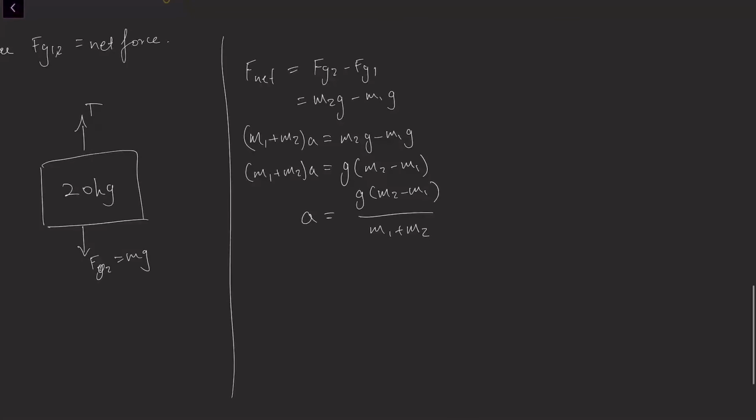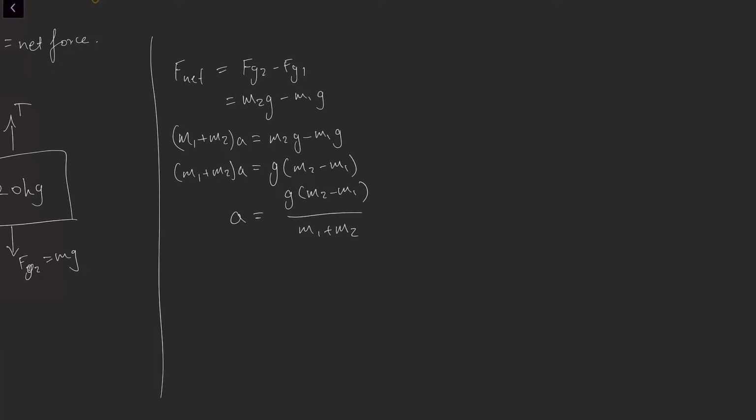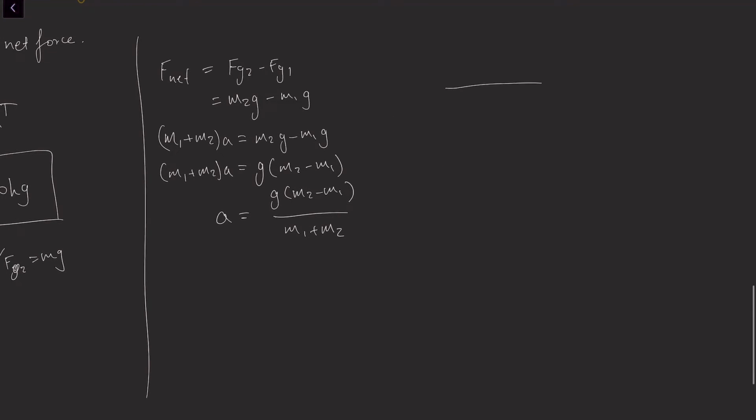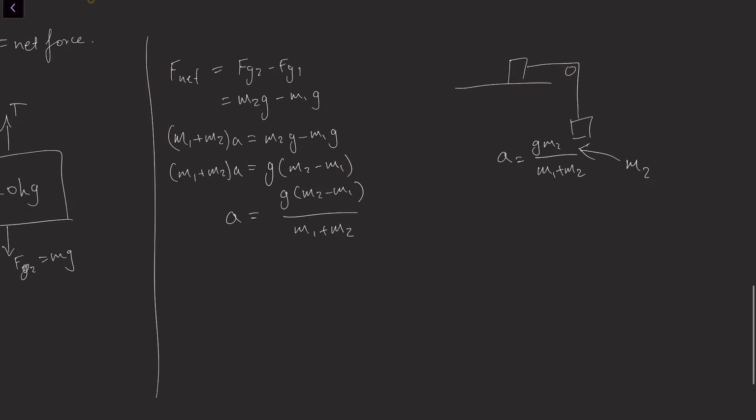Now, if you've been paying attention, you'll notice that this equation looks a little bit familiar. When we looked at the block hanging off of the side of the cliff, we saw that the equation for acceleration is g m2 over the sum of the two masses. And I mentioned at the time that this shows that this acceleration only relies on the mass m2, and that this would be important later.